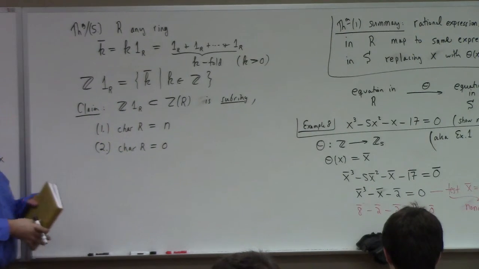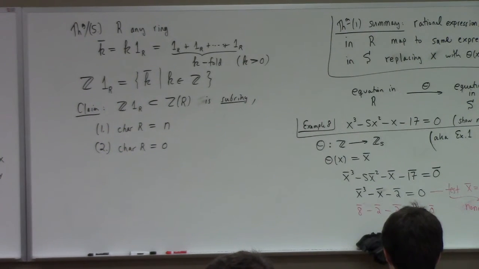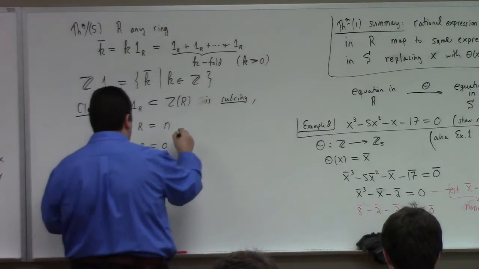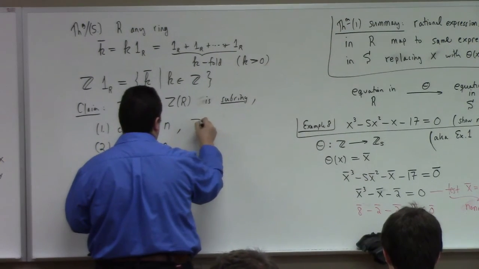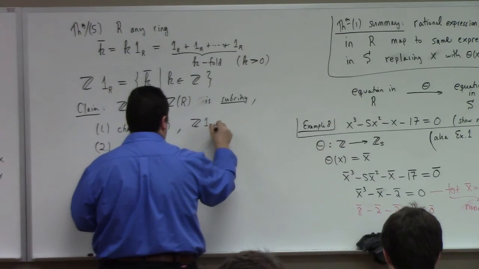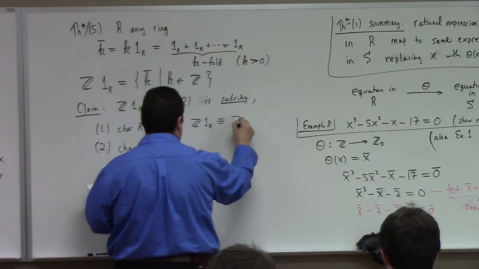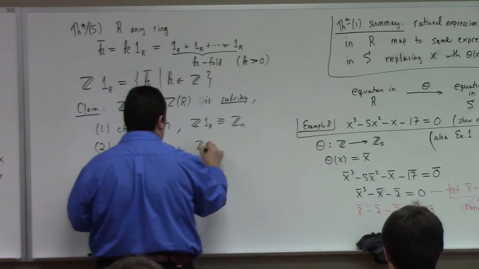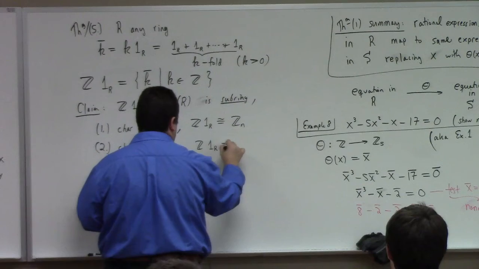You guys remember? Yeah, the additive order of the identity. So if the characteristic is n greater than 0, then Z1R is isomorphic to Zn, and if it's characteristic 0, then Z1R is isomorphic to Z.